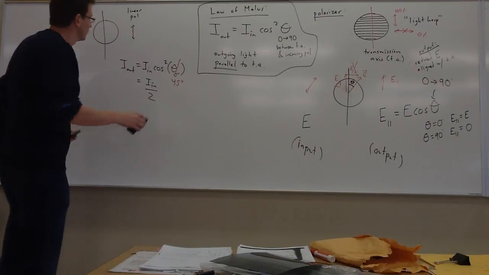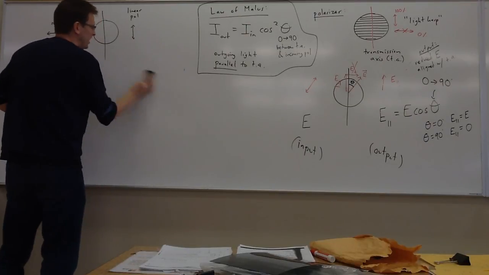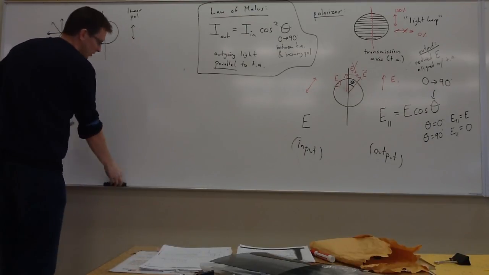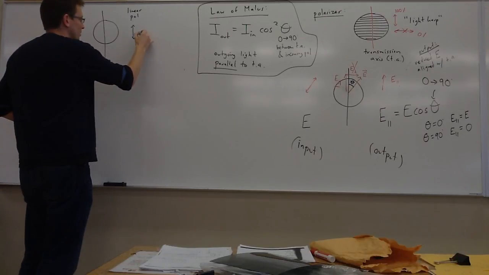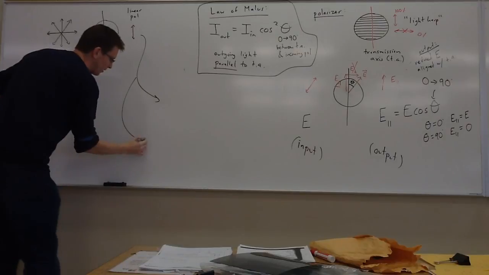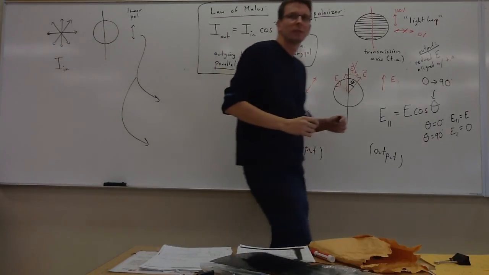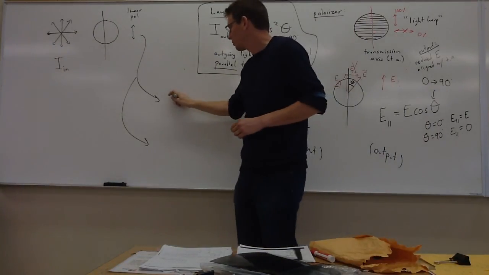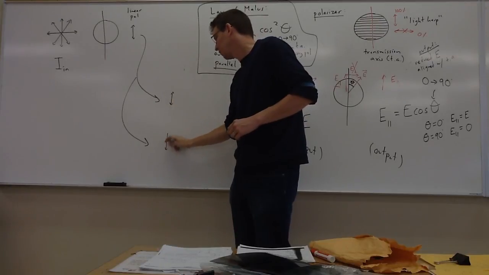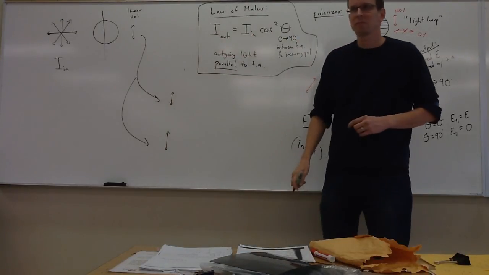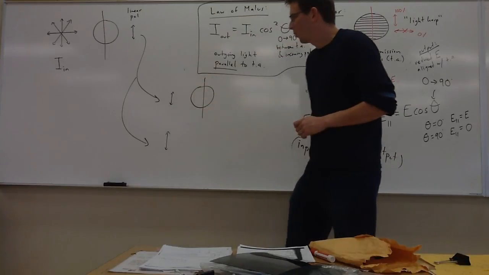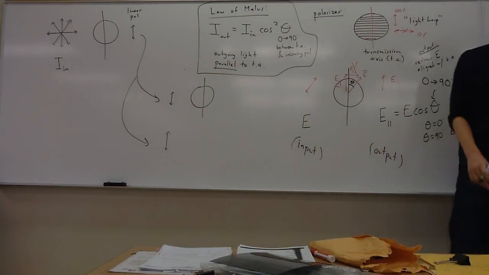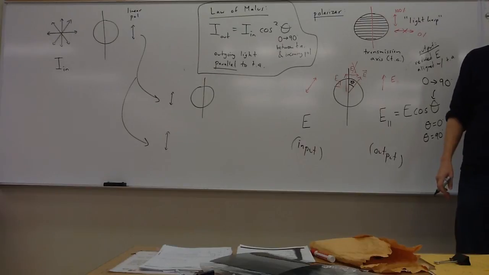Just for kicks, now that I have it as polarized, let me send it through a couple different options. So let me recopy my polarization, and I'll give you a couple different options. One of which is a polarizer where the transmission axis is aligned that same way.